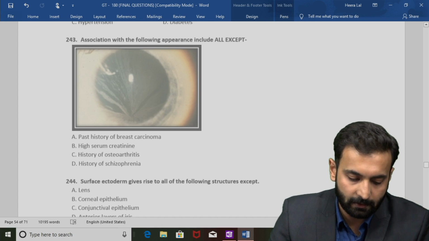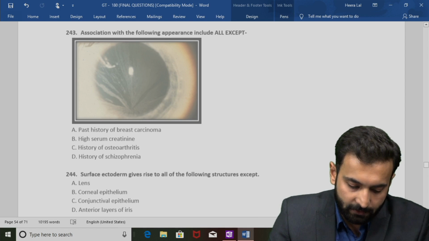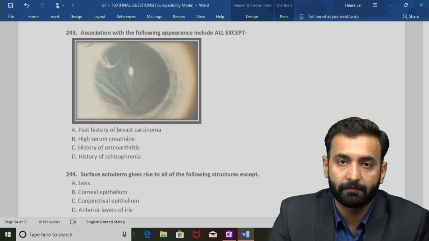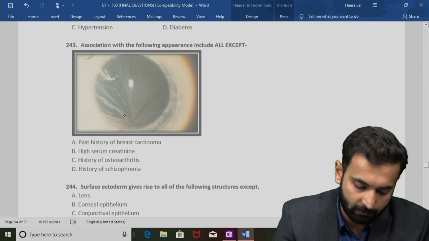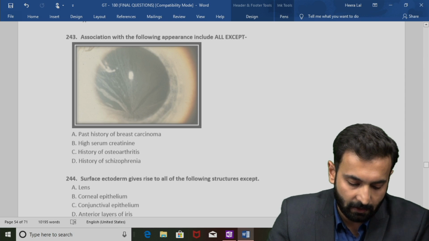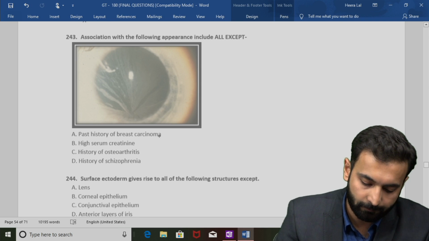As you can see in the image, this is an image based question. You can appreciate there are whorl like deposits in the inferior part of the cornea. So, question number 243, the best answer possible here is option A, past history of breast carcinoma.